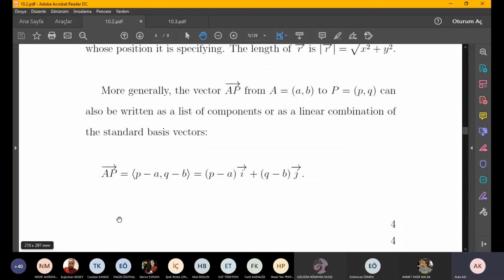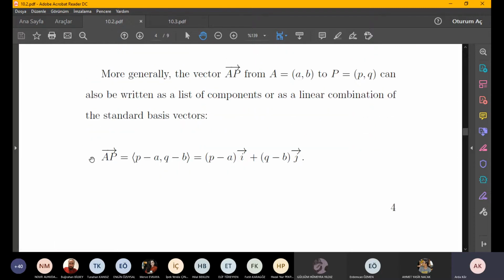So first, let's express the vector from A to P. It will have components p minus a and q minus b. Those will be the components of the vector AP.